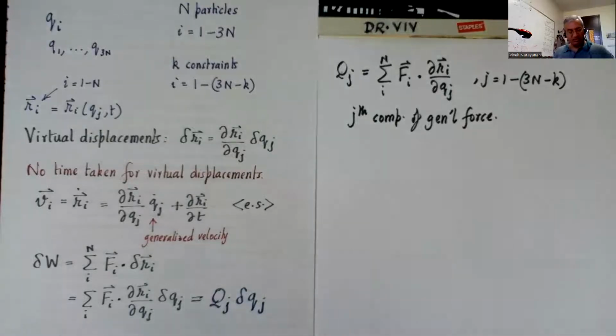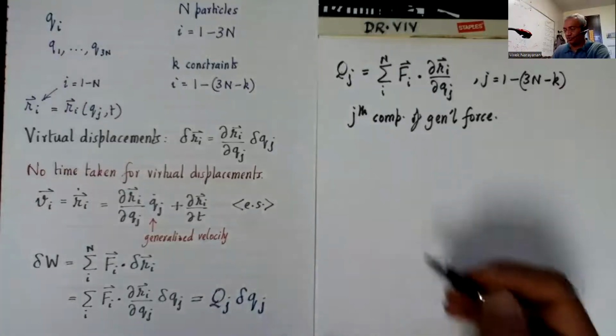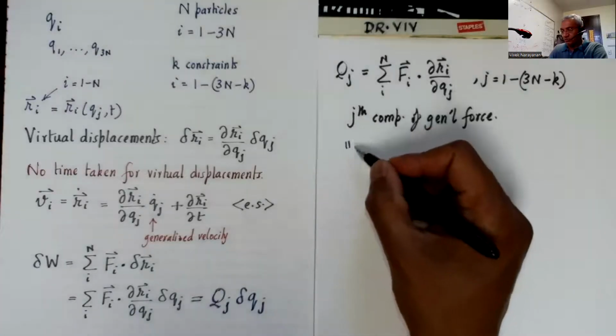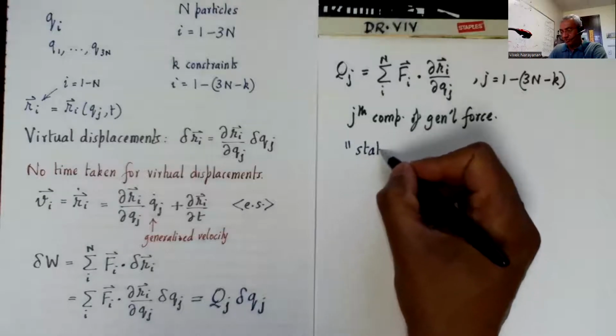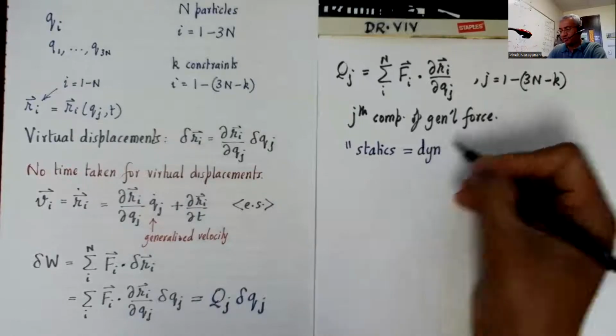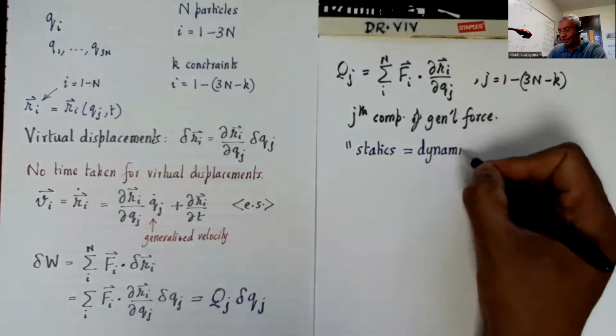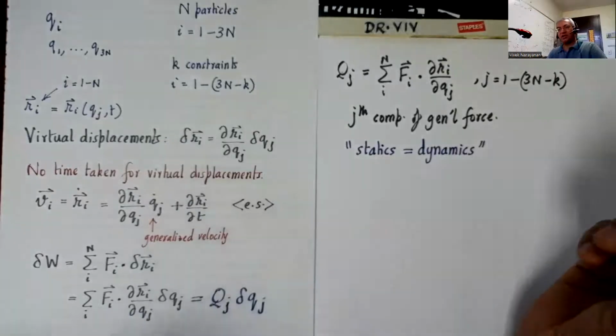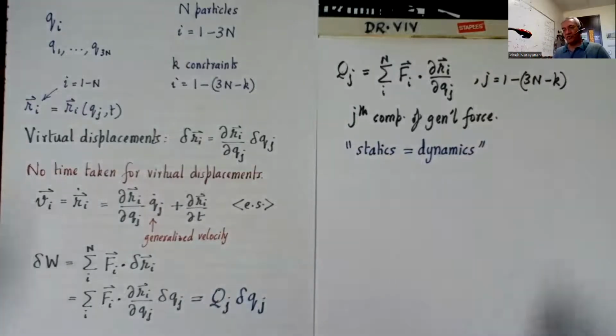Now we'll use the famous principle of D'Alembert, known as the statics equals dynamics principle. So what does the statics equals dynamics principle say? It says that any dynamics problem can be viewed as a static problem if you think of the force as adjusted by subtracting the rate of change of momentum from it.